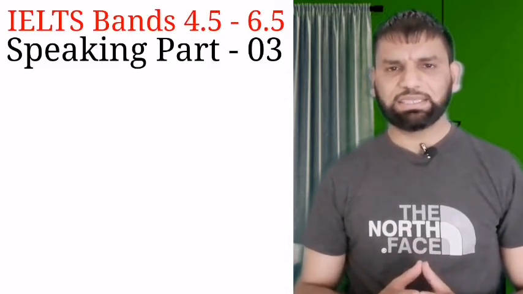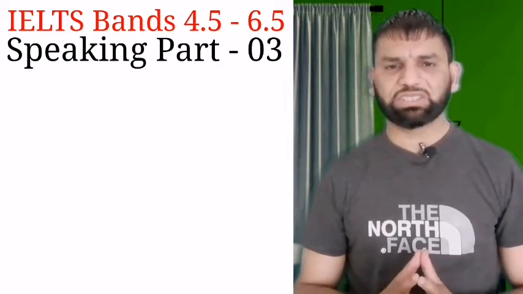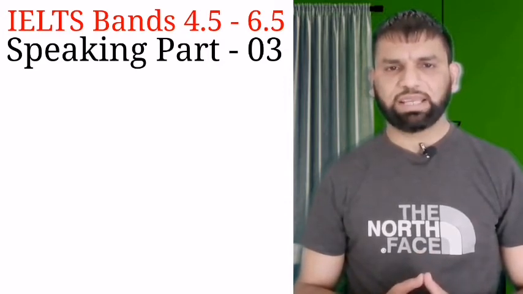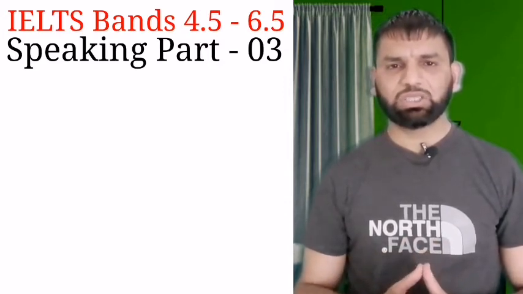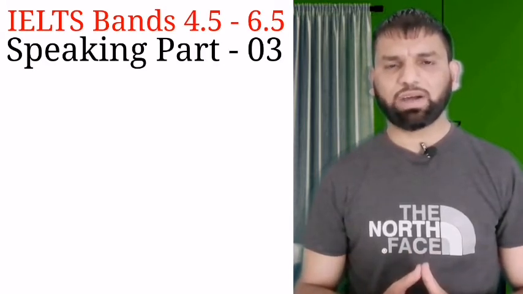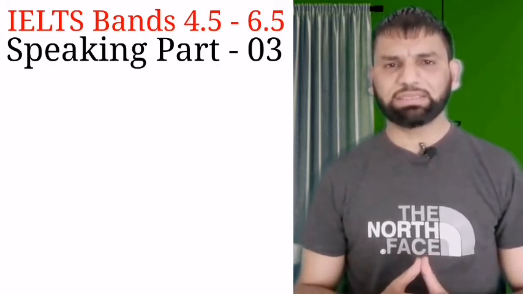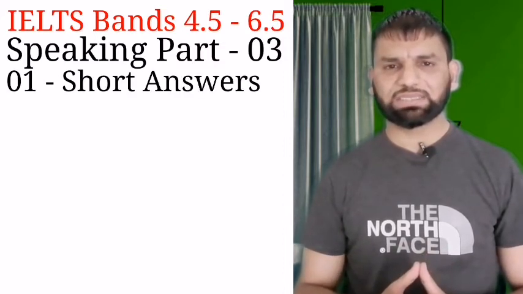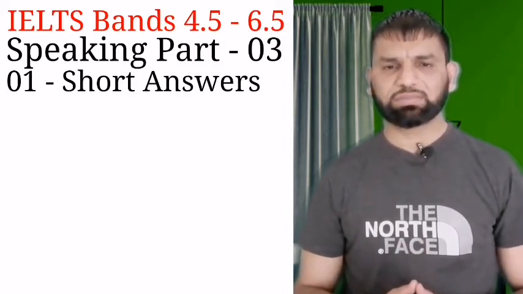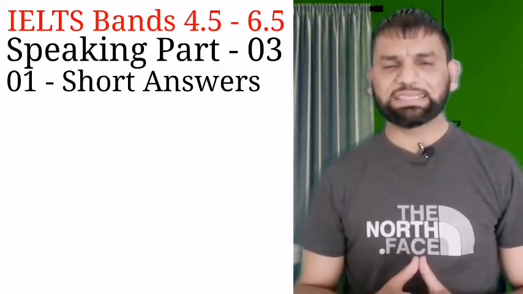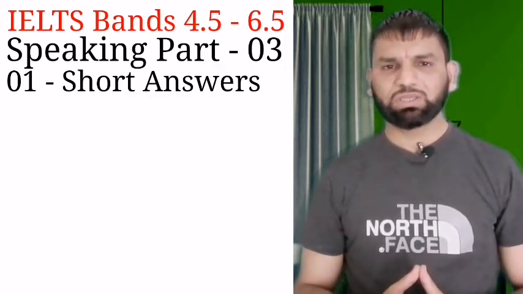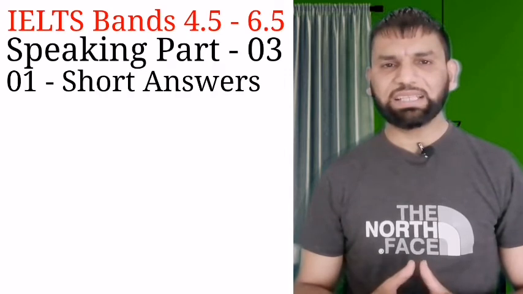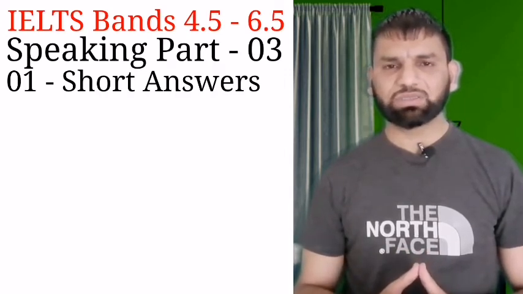Part 3 is the follow-up question section. In part 3, the students who take 4.5 to 6.5 bands try to give short answers to the questions, but the examiner wants to know the ideas of the students.